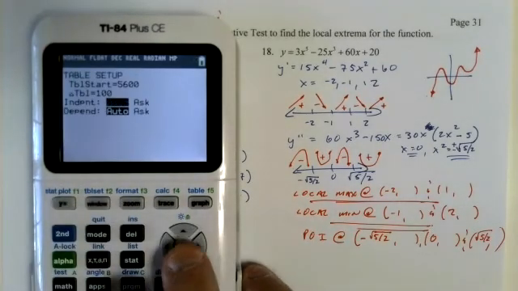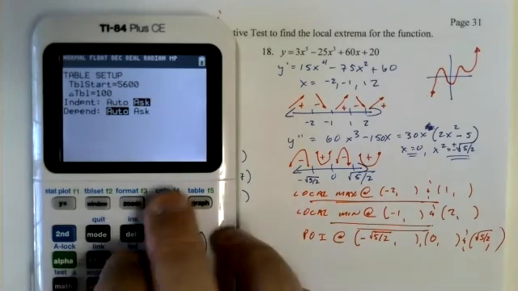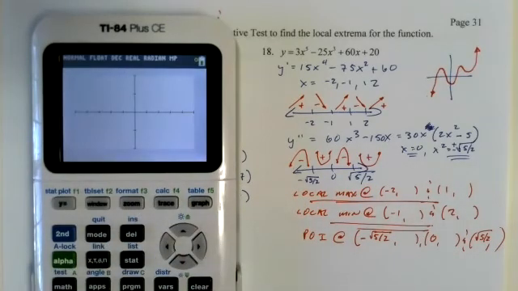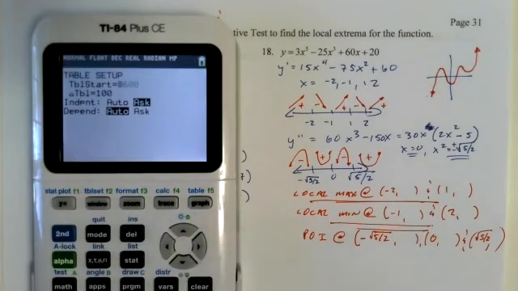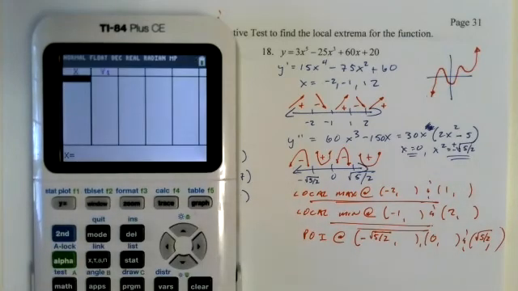Table set, ask. Not meant to hit that. Table set 0. I don't think that'll matter, but I'm thorough.